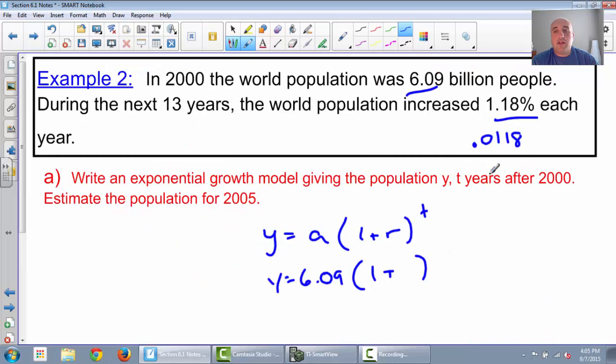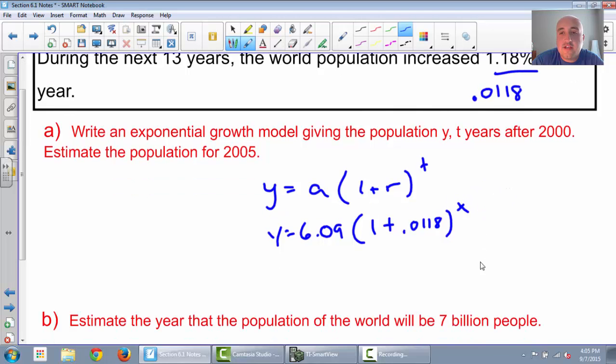All right, so our percent increase for this one is 0.0118, and we want to find x years. So here is our model: our original amount, our percent increase, and here's our time in years.